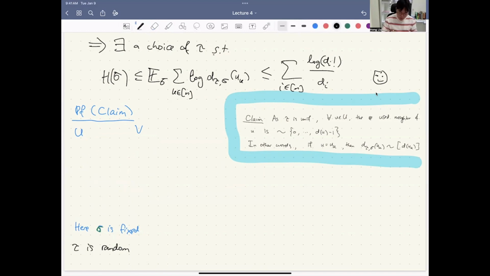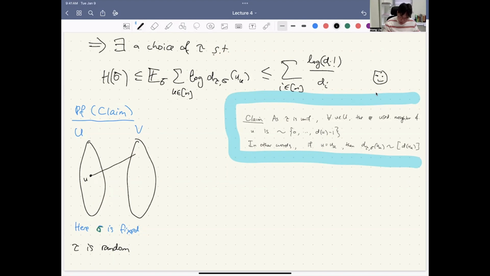I meant something else. So here's U, here's V. We fix the vertex U in capital U. Sigma is fixed, so the perfect matching is fixed. Tau is random. We don't know the ordering, which one is U1, which one is U2, which one is UN on the left-hand side.